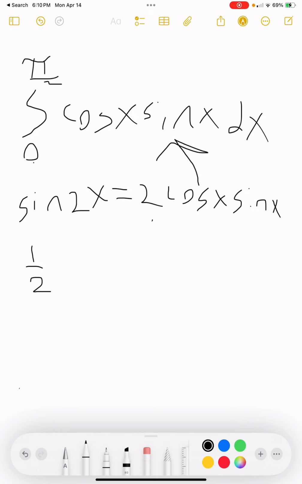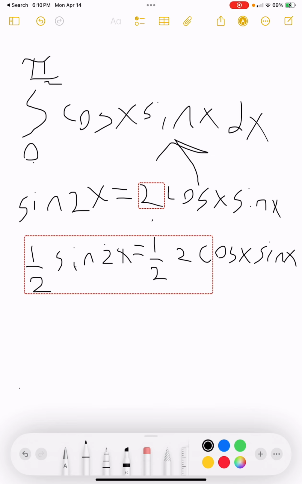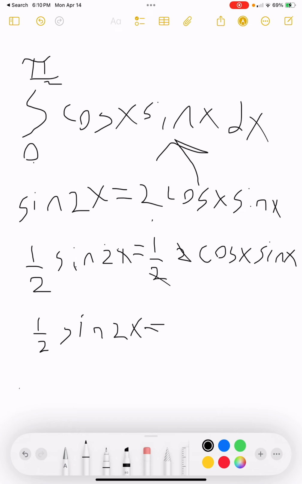So we have half sine of 2x equals a half of 2 times the cosine of x times sine x. Now these will cancel out, giving us that 1/2 sine of 2x is equal to cosine x sine x.